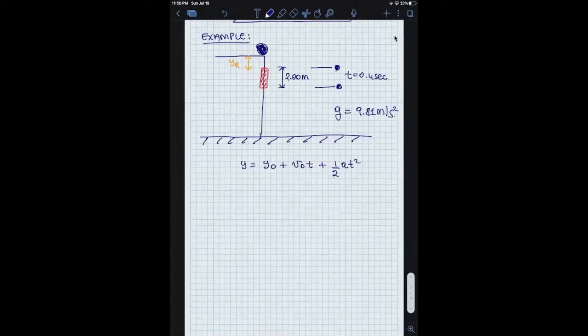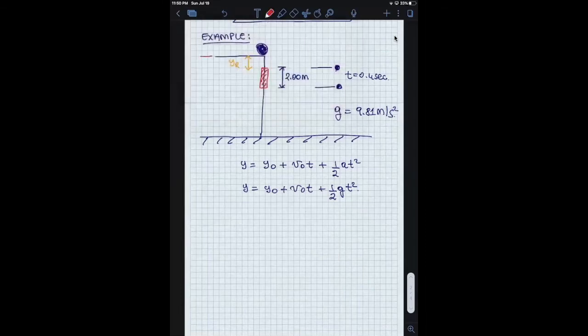So we can substitute the a for g. So this can be written as y is equal to y naught plus v naught t plus 1/2 g t squared. Another important thing to do at this point is to set the coordinate system.